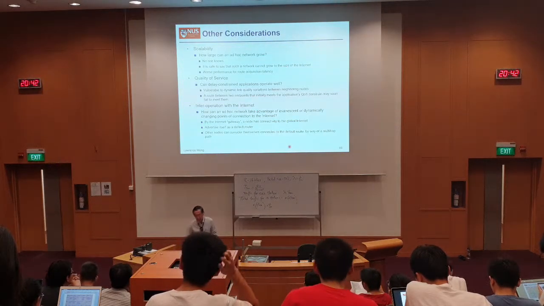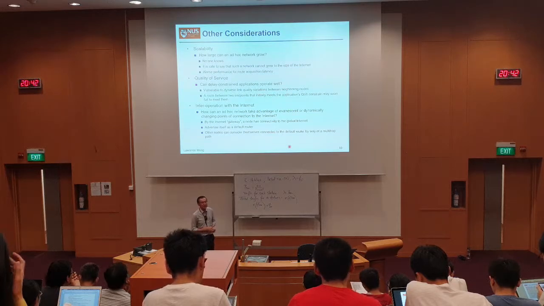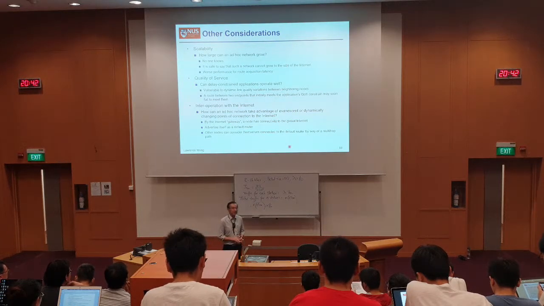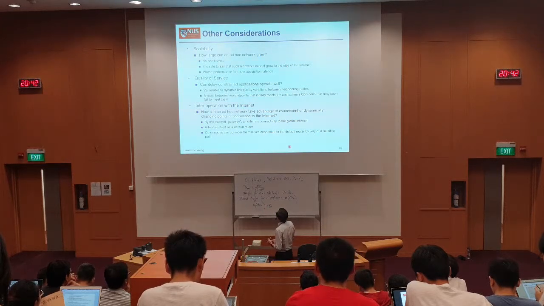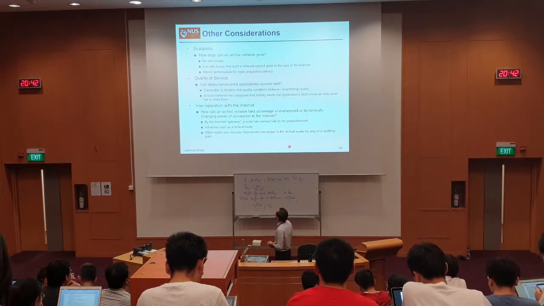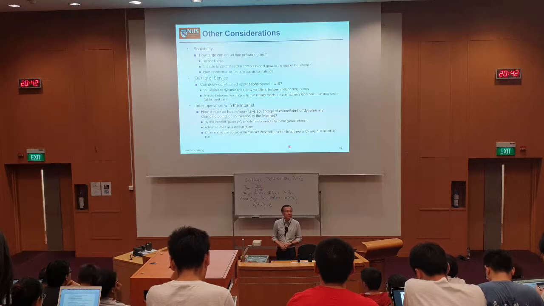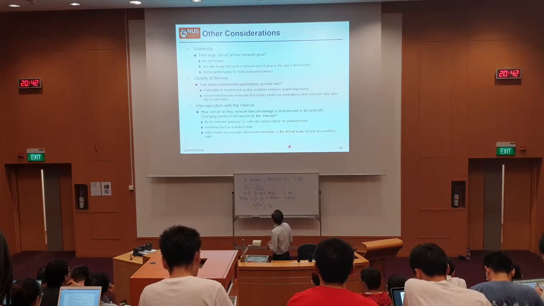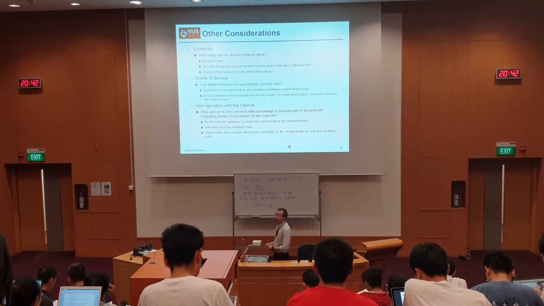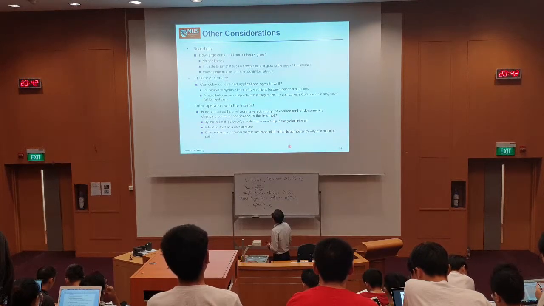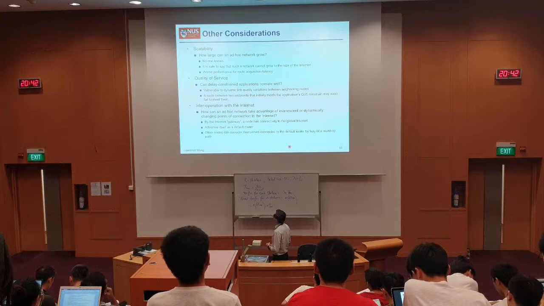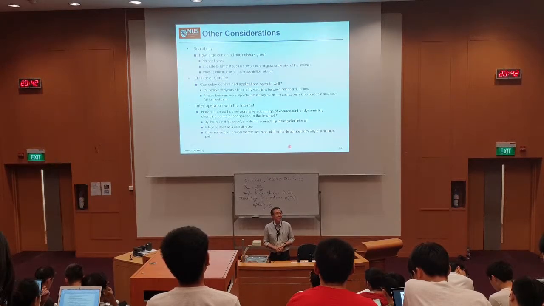So finally, these are the other considerations. I already mentioned scalability earlier. How large can an ad hoc network grow? No one really knows, but it can be quite big if need be. The bigger it is, of course, latency will be affected.